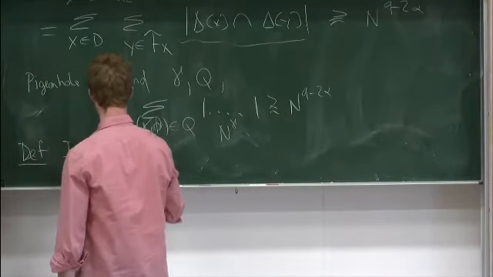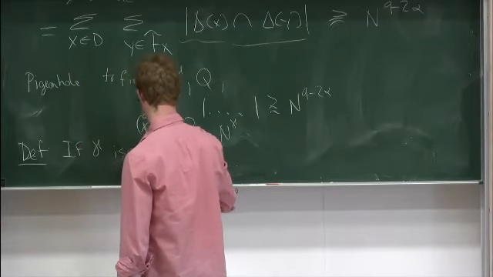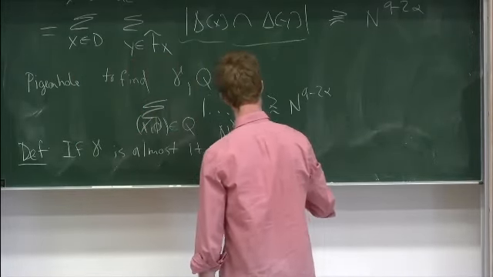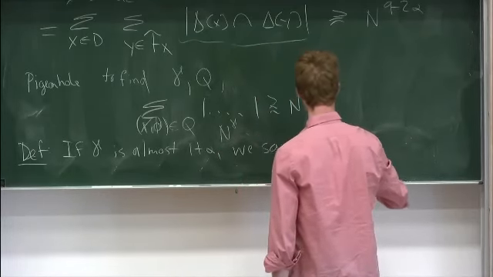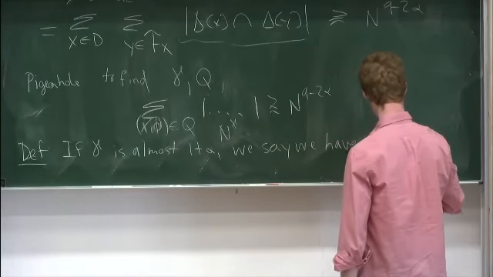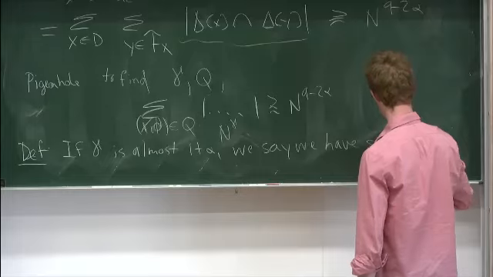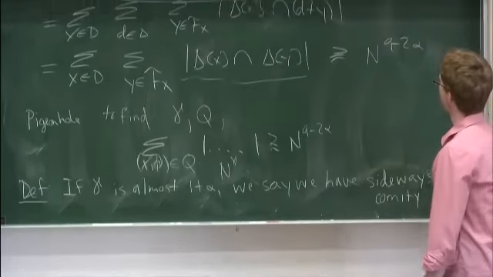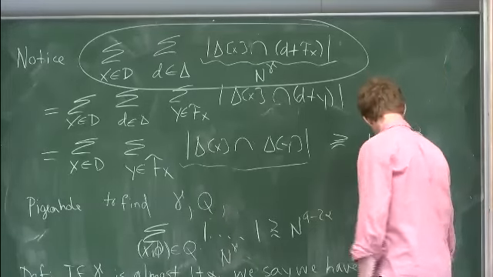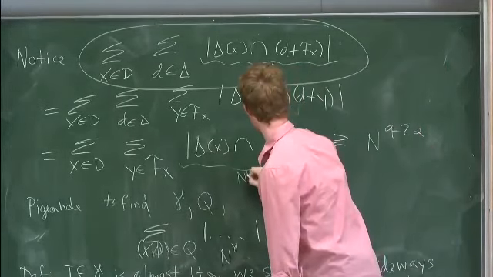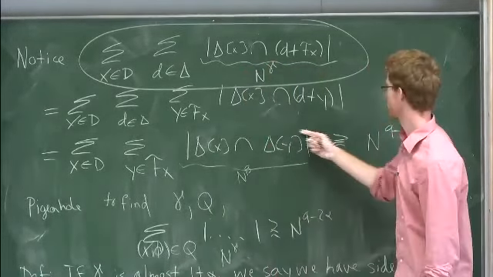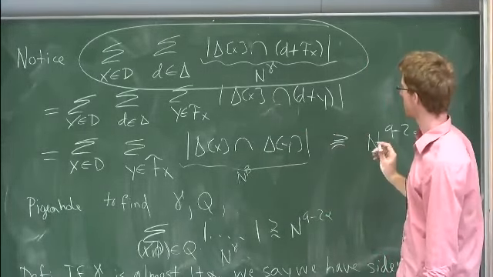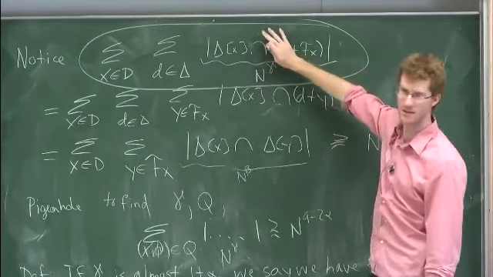If gamma is essentially, then we have sideways comedy. So comedy measures this, which was n to the beta, and we have comedy when the L2 norm of this thing is essentially maximal, and we have sideways comedy when the L2 norm of this version of it is essentially maximal.